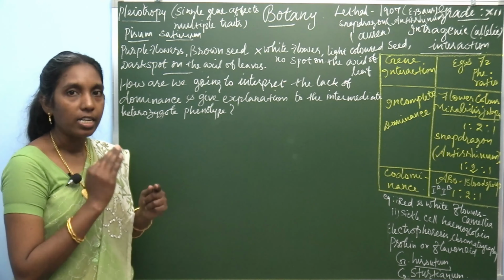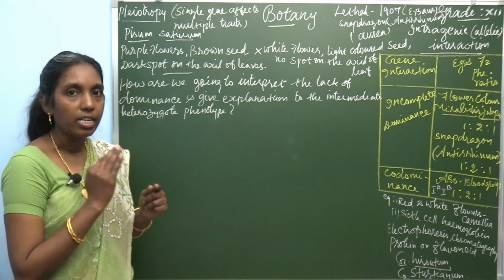Let's see once again. Here the parent is R1R1 into R2R2. This parent is homozygous dominant, which is red color, and this is homozygous recessive, white.